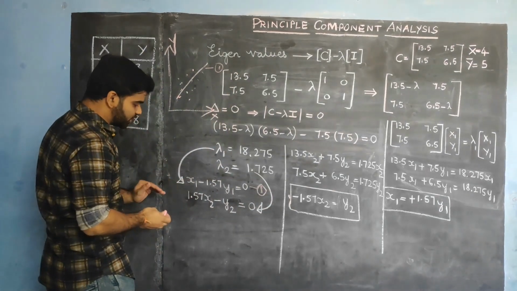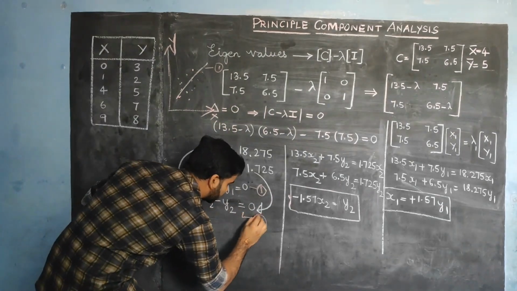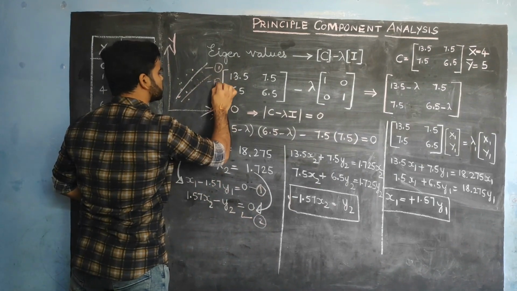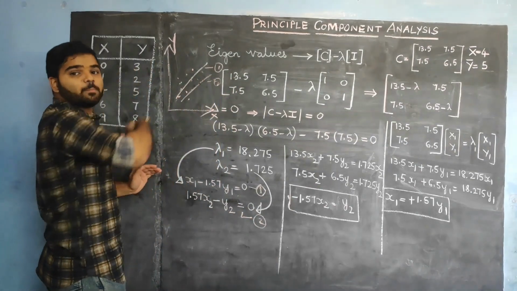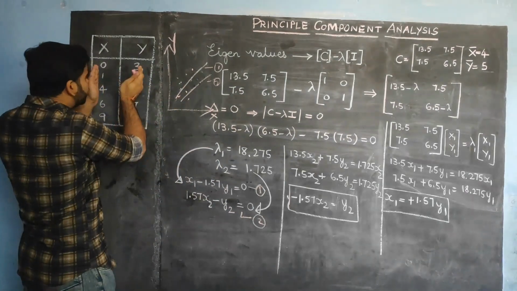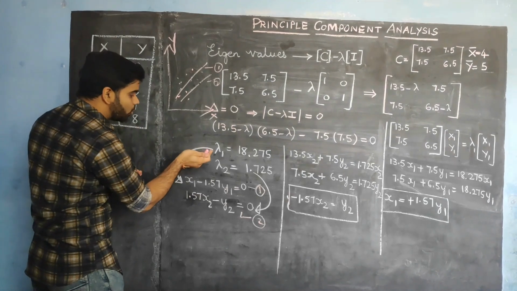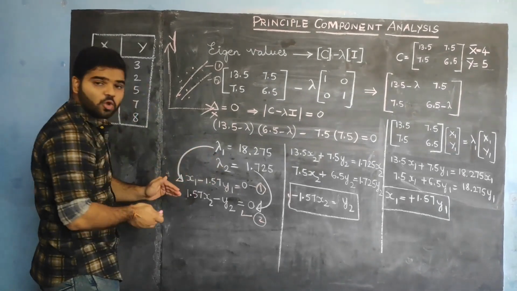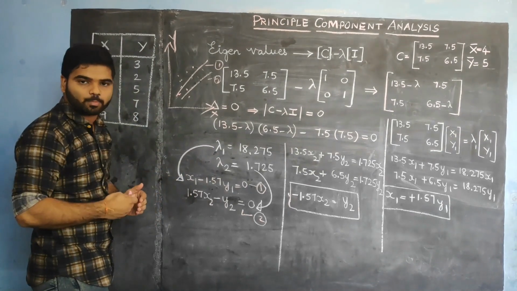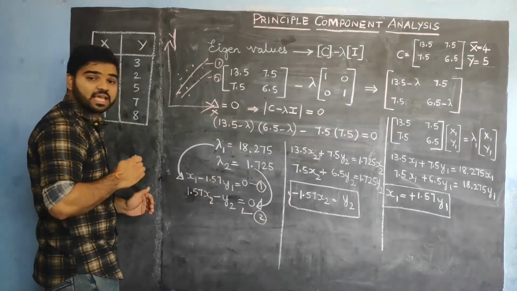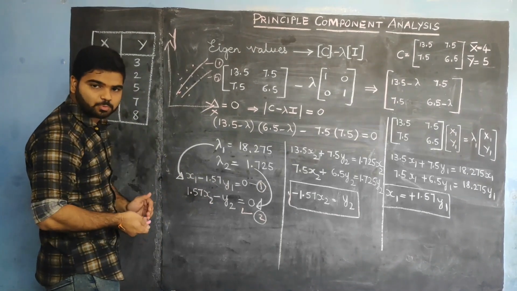Now you plot the second vector 2. This will be the second best model for this data. As there are only two attributes, you will have only two components. Now this lambda 1 and this lambda 2 will act as your principal components. That means these two are the line equations obtained from your principal components.